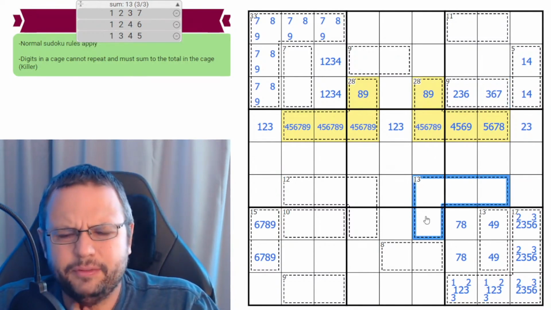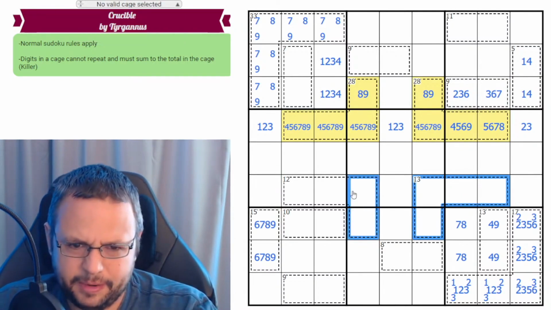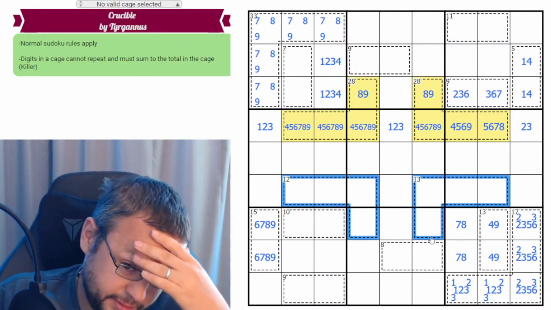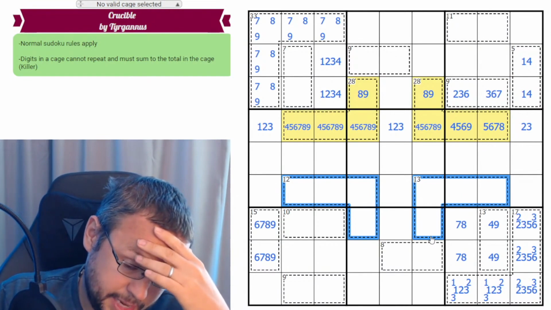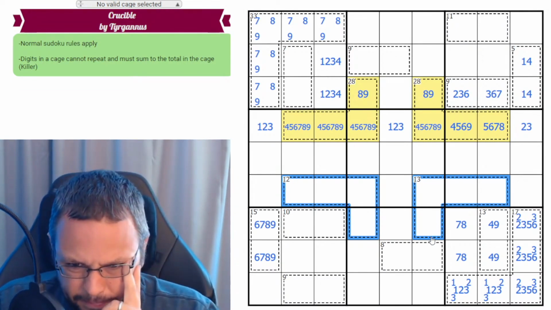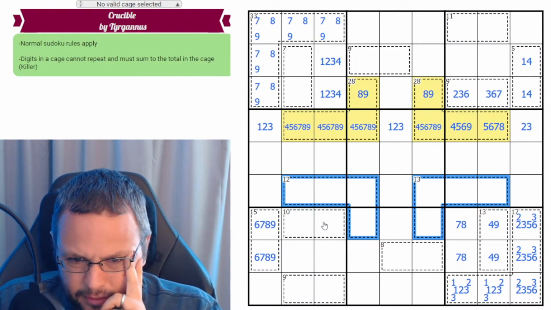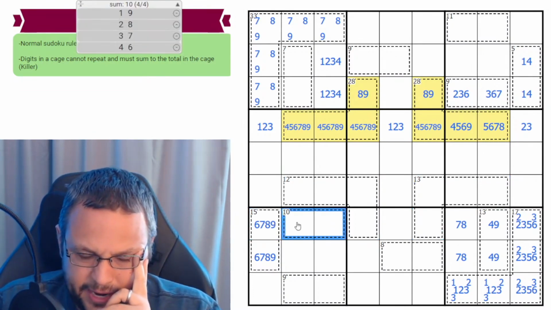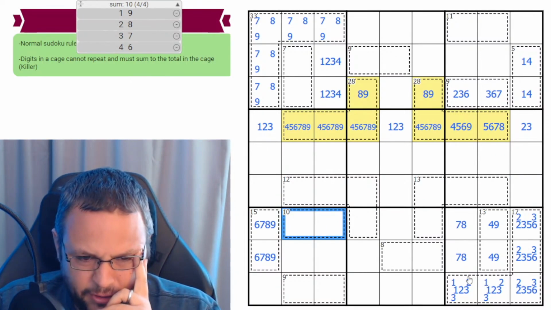Is the point that I have to realize that there have to be 2 digits in common between these 2 cages? I mean, I know what one of the digits they have in common is. They both have a 1 in them. So they both have a 1 in them. Tells me there's not a 1 in this 10 cage. Is that at all useful?